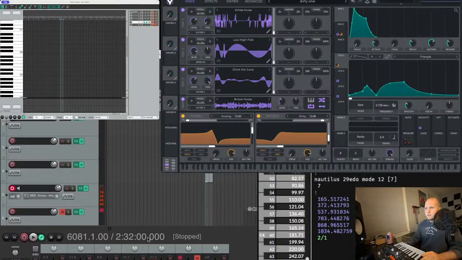It's not the full 14-note Nautilus, but actually a 7-note subset of Nautilus. And you can see all the set values on Surge right here in the lower right one next to my camera.